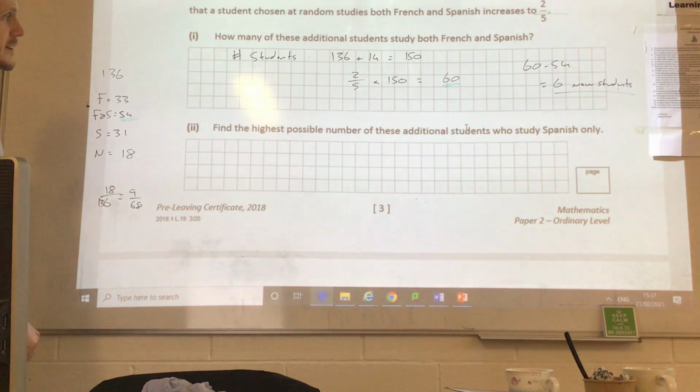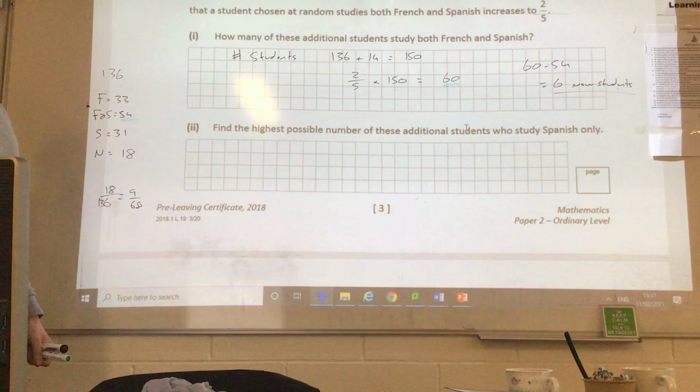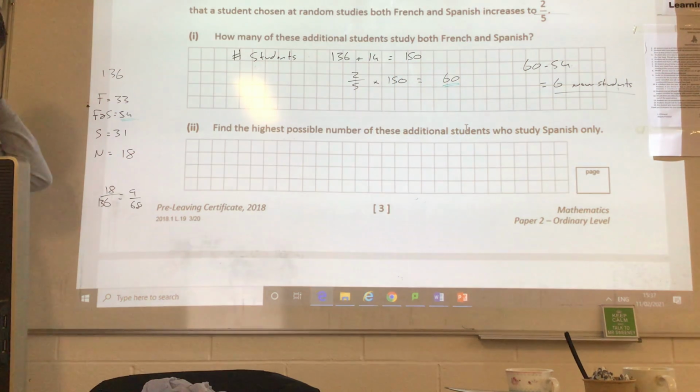Find the highest possible number of additional students who study Spanish only. Okay, so this one is a little bit trickier. So there's 14 new students.